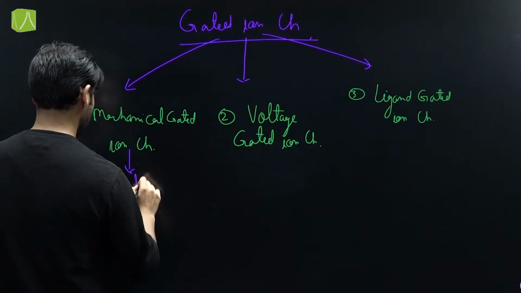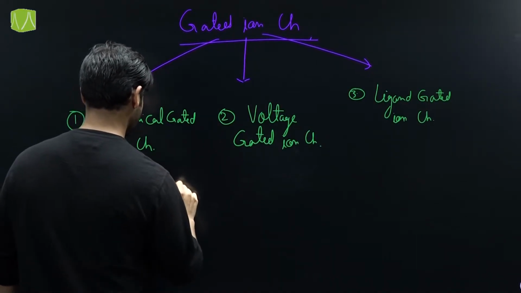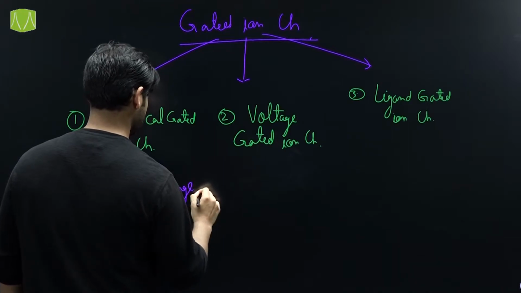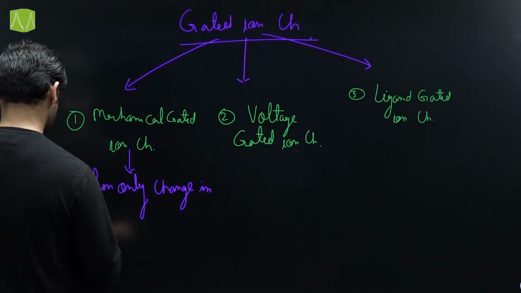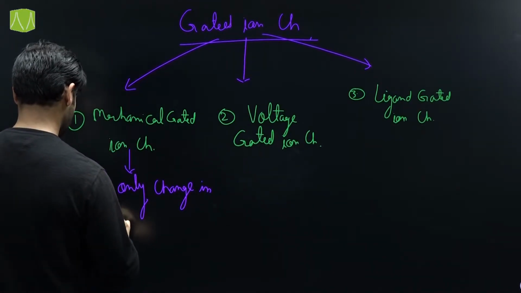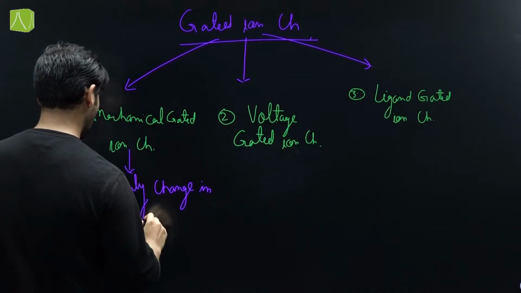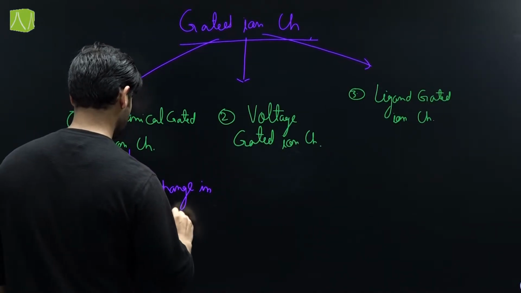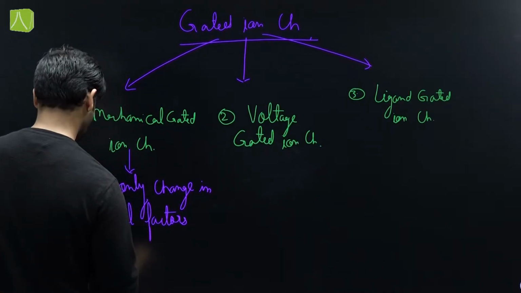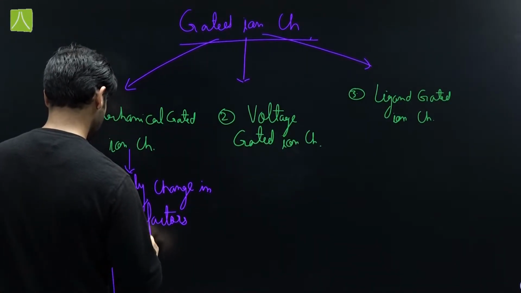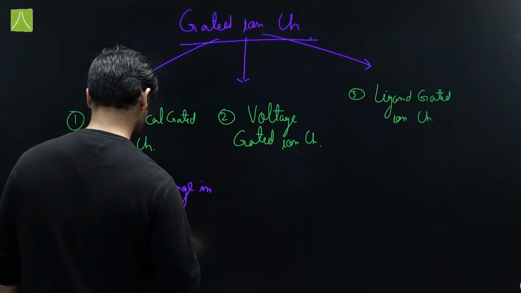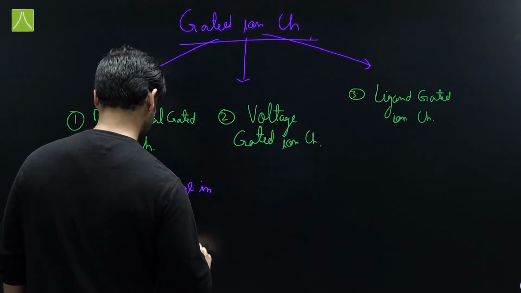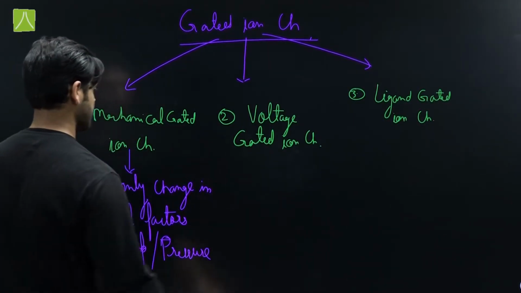Mechanical gated ion channel: open only on change in mechanical factors. For example, temperature, pressure.